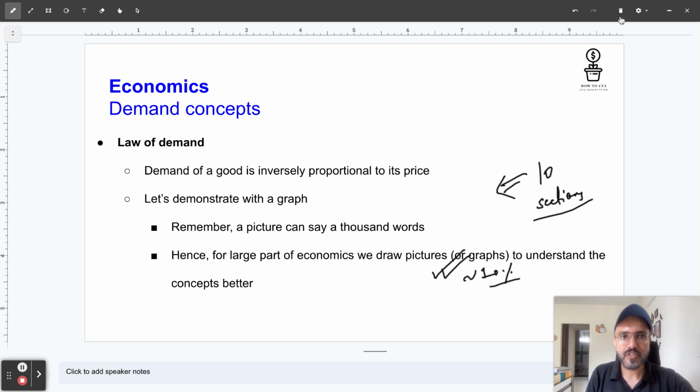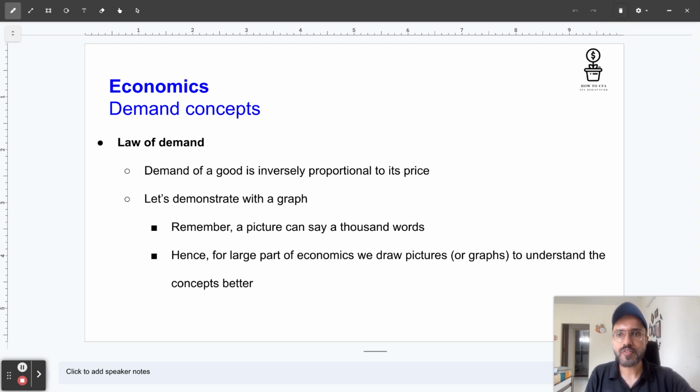Now, guys, let's start the topic for today, which is effectively nothing but demand concepts, in which the first concept is called the law of demand. Without getting into the jargon, let's simply understand that if you purchase a phone from the market at 10,000 rupees, you will purchase a certain quantity of that.